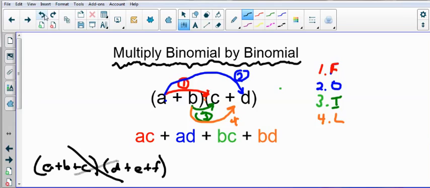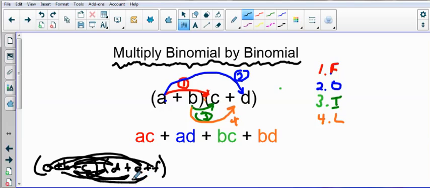Let me show you how it would work. I take a times d plus a times e plus a times f, then b times d plus b times e plus b times f, then c times d plus c times e plus c times f. You can multiply as many polynomials by as many polynomials as you want, and it works. FOIL only works for binomials. So I would get that out of my head if I were you. The reason I showed you is because you're going to hear other people talk about it.